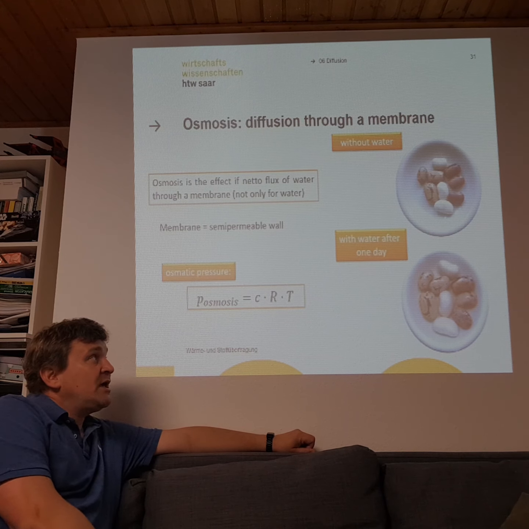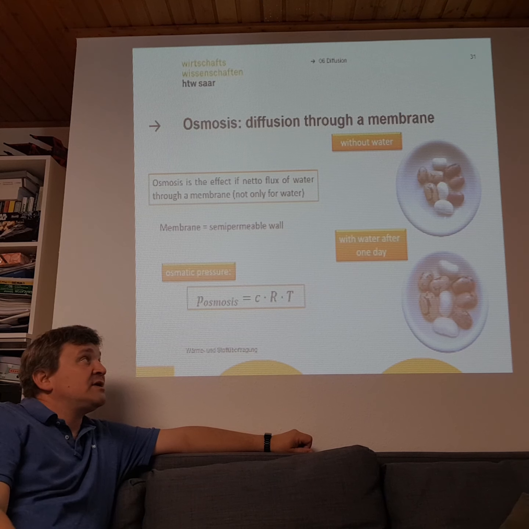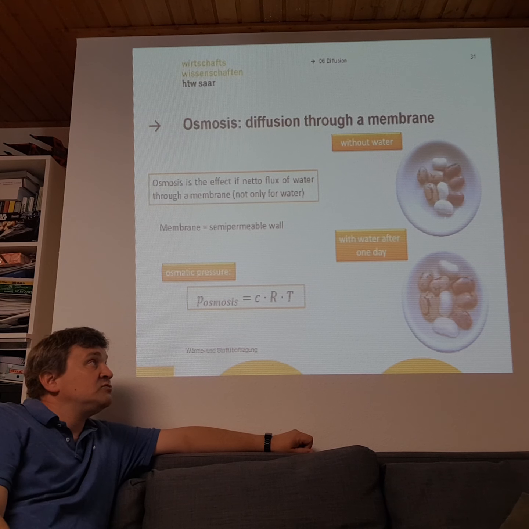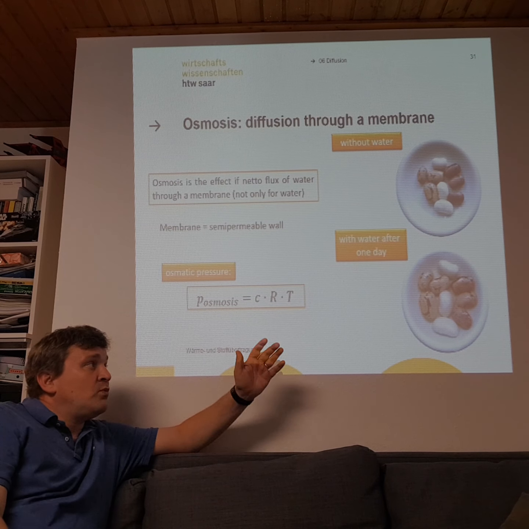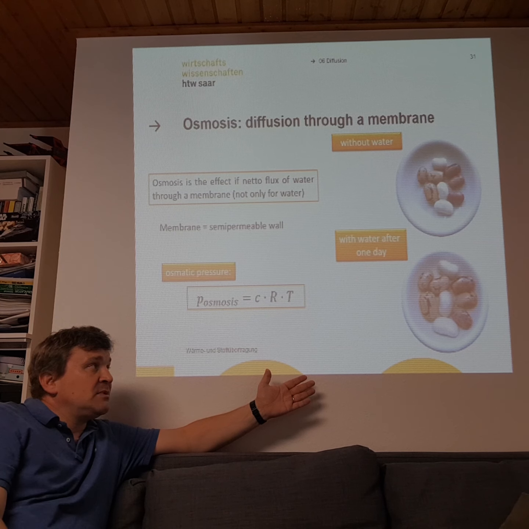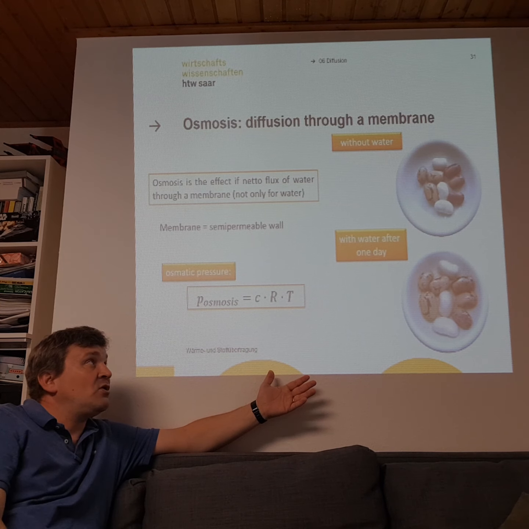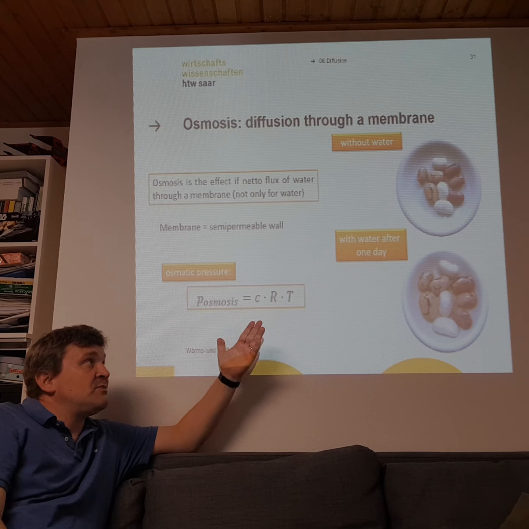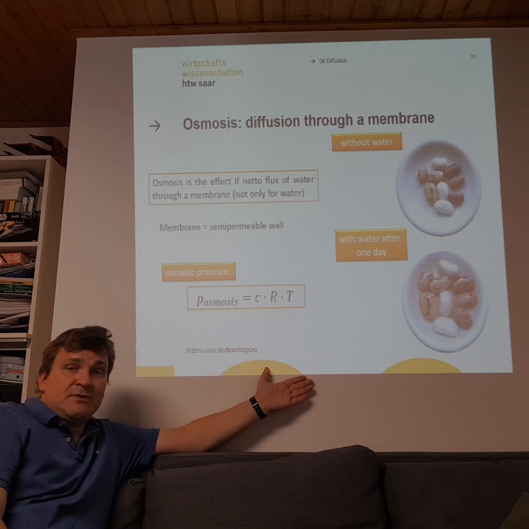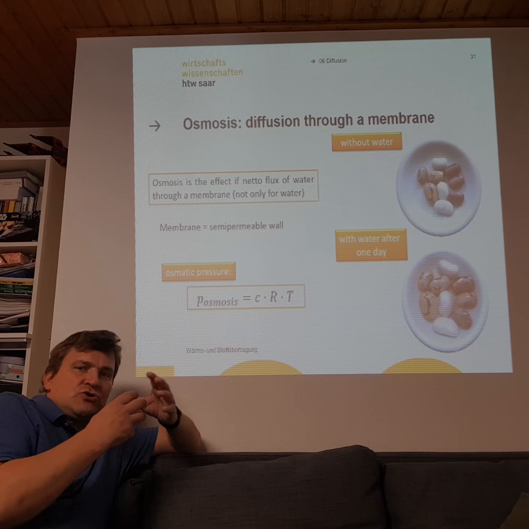Okay. And there's another experiment where you can see the effect of diffusion. For example, if you take some beans and you put water on the beans, maybe you can go to your kitchen, you can do this experiment on your own. You place them on a table. What will happen? The beans will grow.